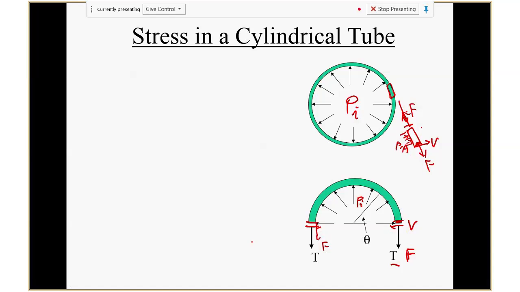Now what about the bottom half? If you look at the bottom half, let's see, I'll just draw it here. Or maybe I'll draw it here, make it look a little bit better. If I draw it here, this bottom half, okay, on this bottom half, what do you have?